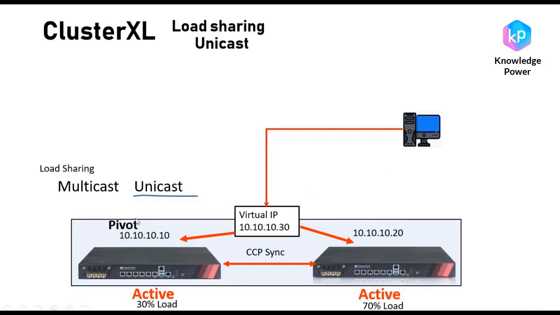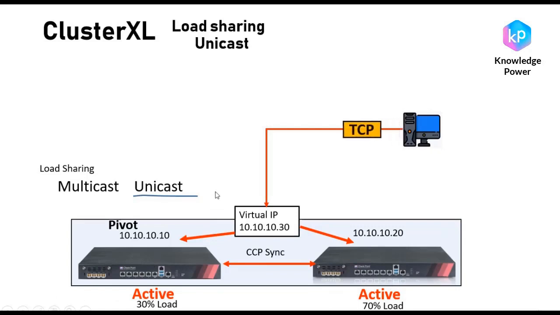Because the pivot member in a cluster is doing a big job deciding who will do the main work, it's actually doing a lot of stuff. That's why it handles traffic as well. It might assign some of the traffic to be handled by the pivot member. Because of too many functions he's handling, he's taking around 30% of the actual load that's coming to the virtual IP. And other members are taking the rest, 70%. So it's taking less.